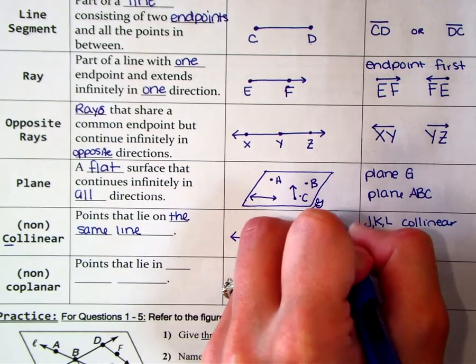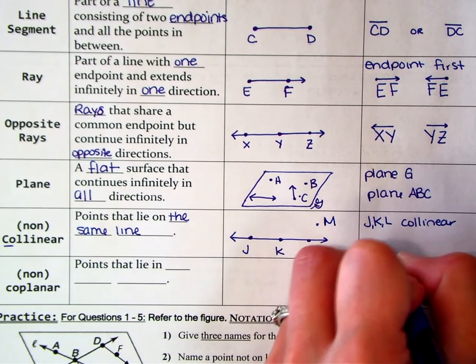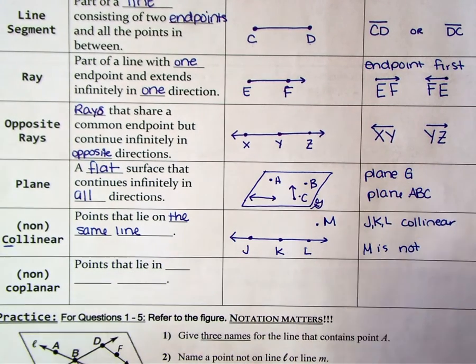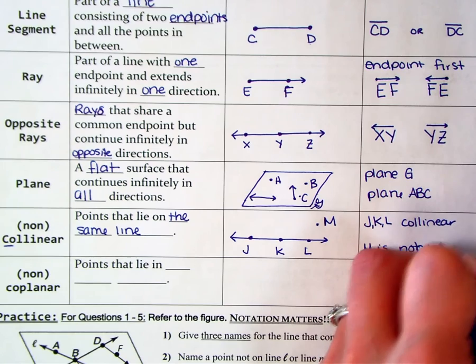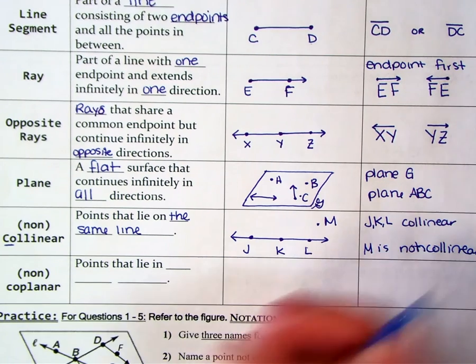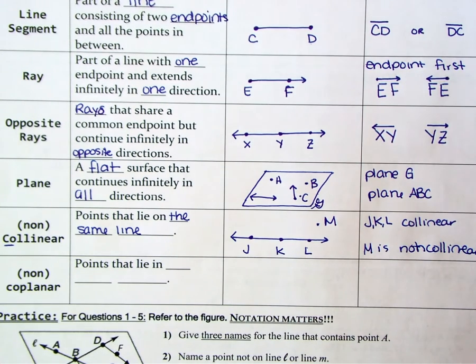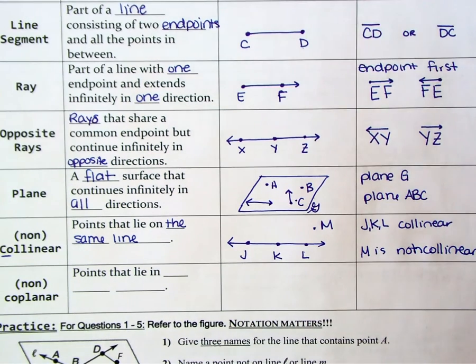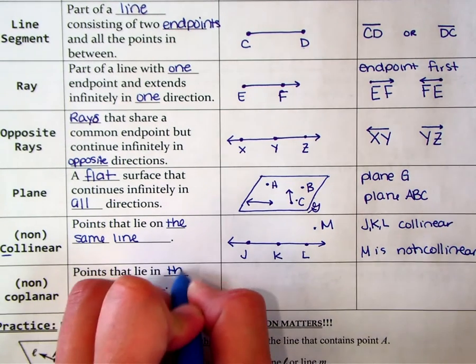And we would say M up here is not. So we would say non-collinear. Then we've got coplanar and non-coplanar, so points that lie in the same plane.